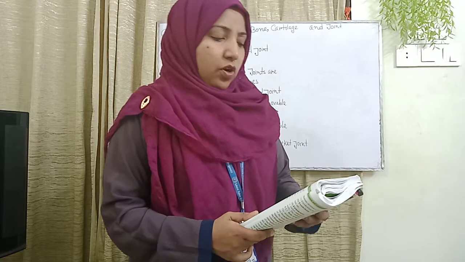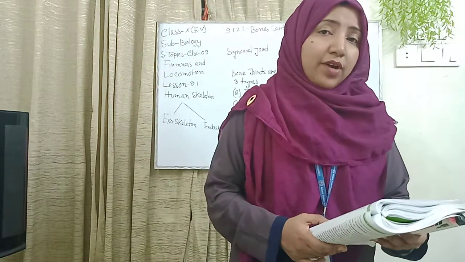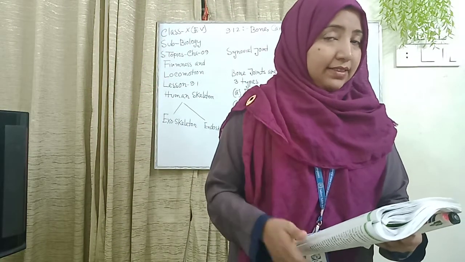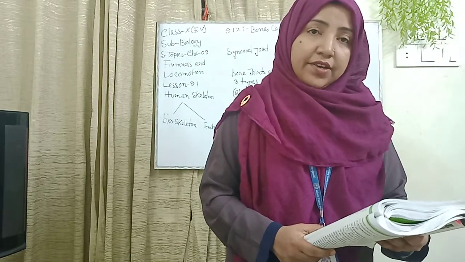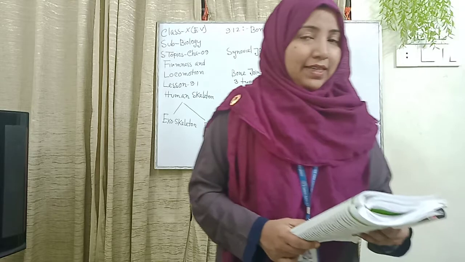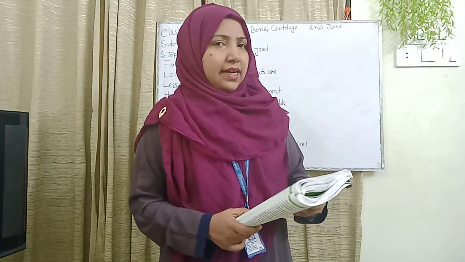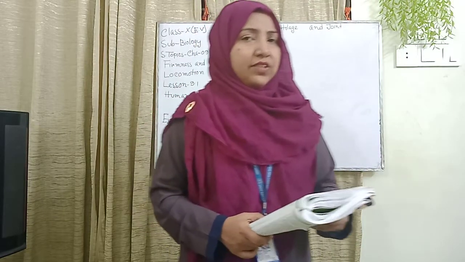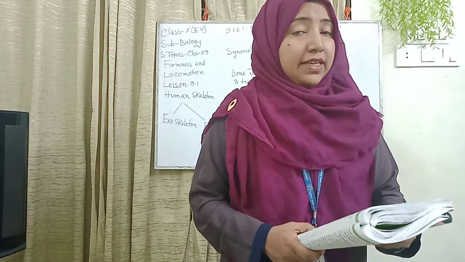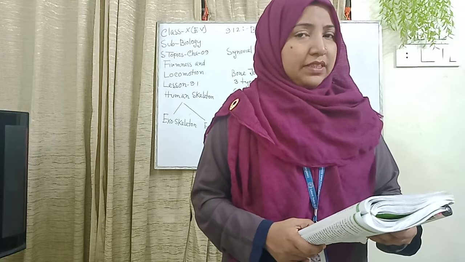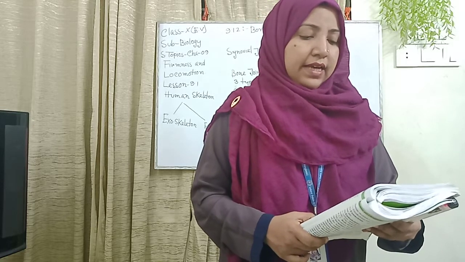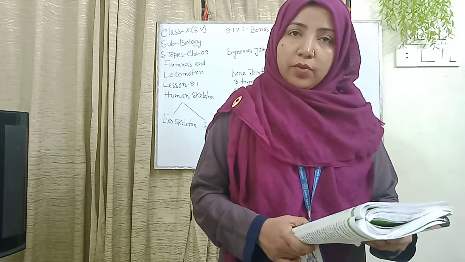First, the human skeleton is composed of a combination of 206 long, small, plate and unequal bones. Please underline this. Basically, in the human skeleton there are various categories of bones: some are small, some are flat, and some are unequal or long.